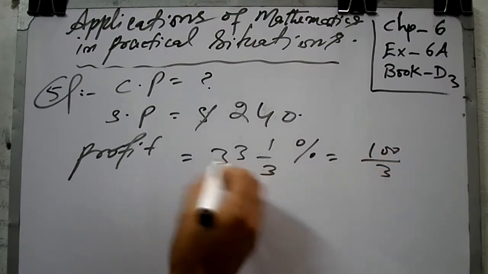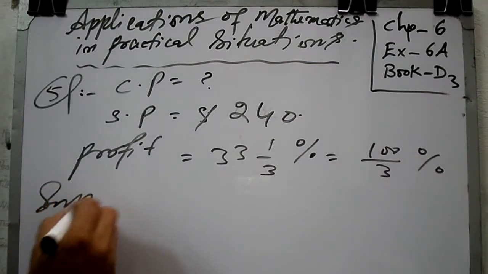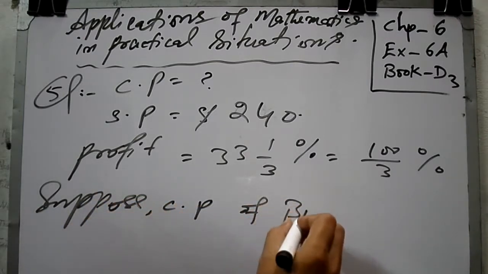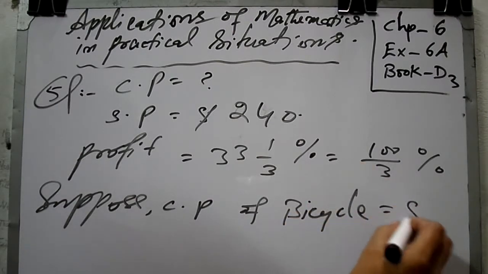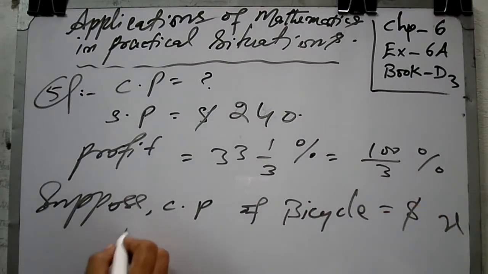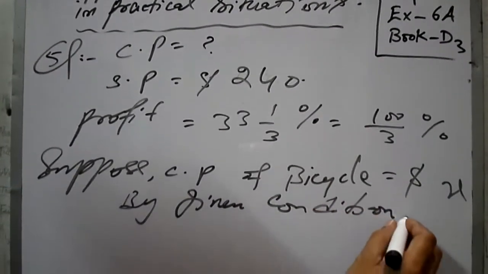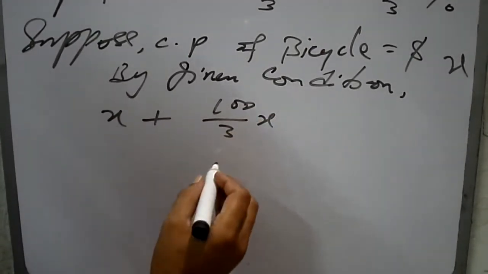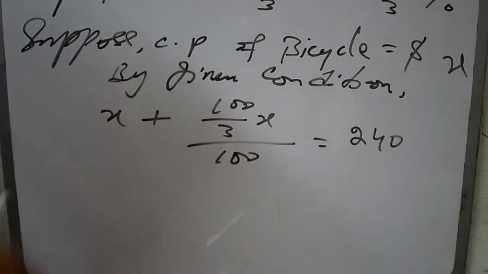100 divided by 3 by simplification, that is your simplified result. Now suppose cost price of bicycle is equal to $X. So by given condition, if we read the statement carefully, then we have come to this conclusion that the value of bicycle can be calculated by this, because we have to remove the percentage.